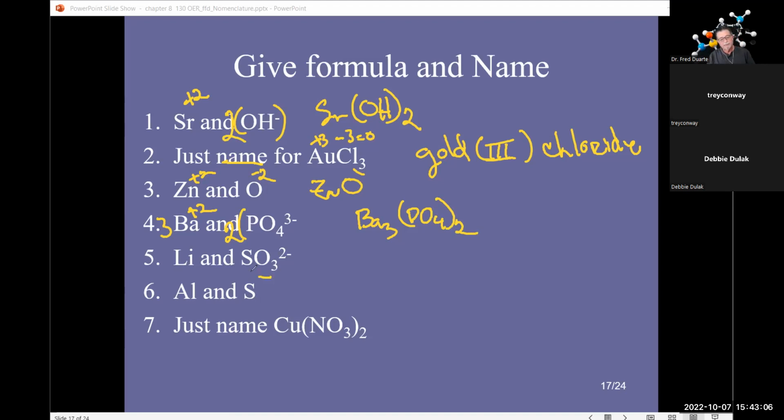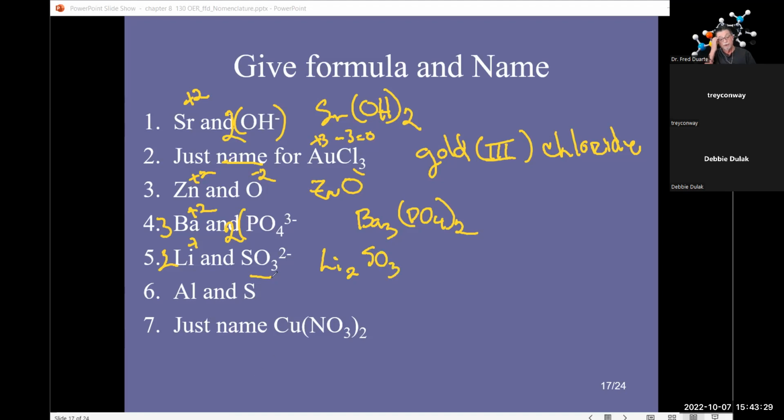You might be tempted to call this sulfate, but if you look at the polyatomic ion table, you find it to be sulfite. Okay, so we've got lithium with a +1, it's in group 1. We're going to need 2 of them. So we've got Li2SO3, lithium sulfite.